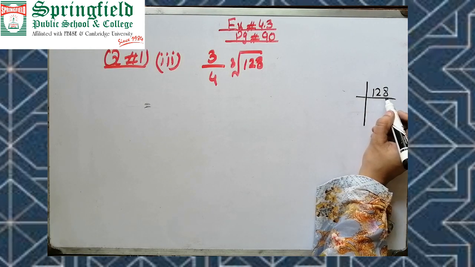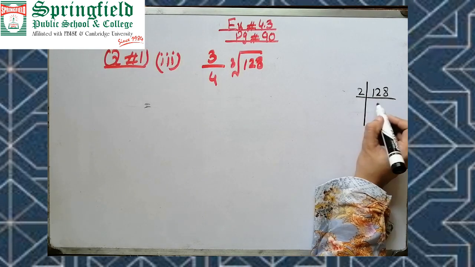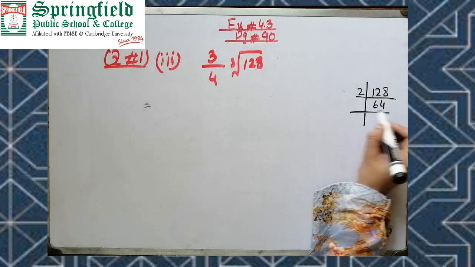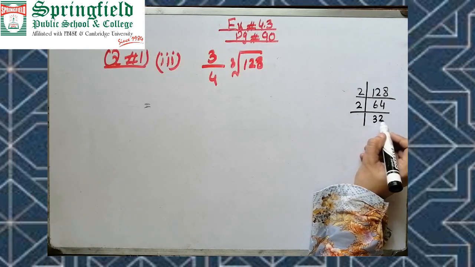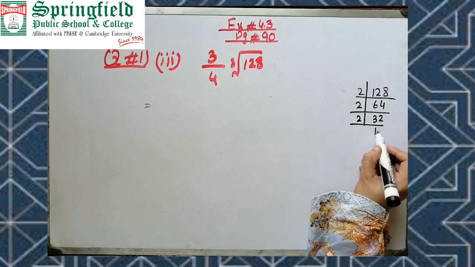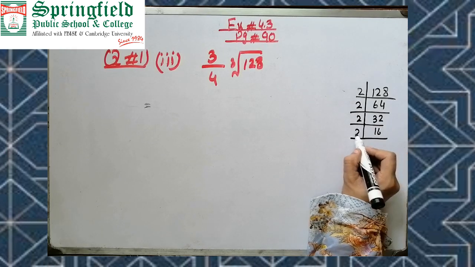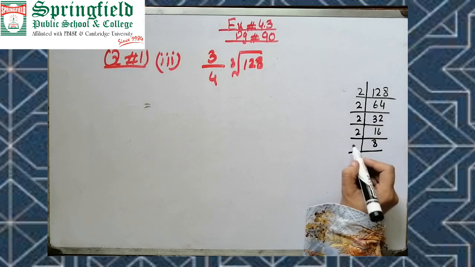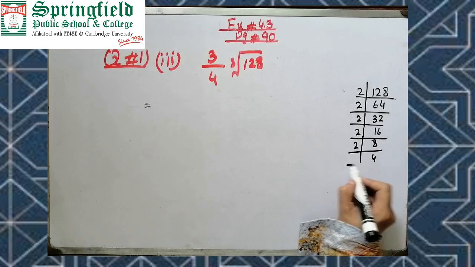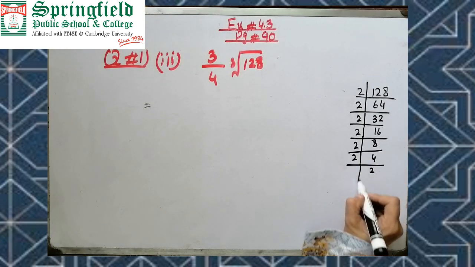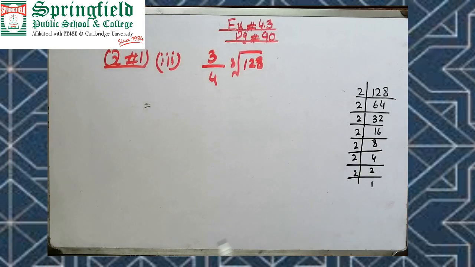The last digit is even, which means we can start from the table of 2. 2 6s are 12, 2 4s are 8, 2 3s are 6, 2 2s are 4, 2 16s are 32, 2 8s are 16, 2 4s are 8, 2 2s are 4, and 2 1s are 2.